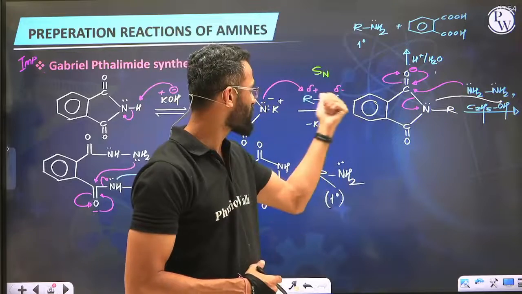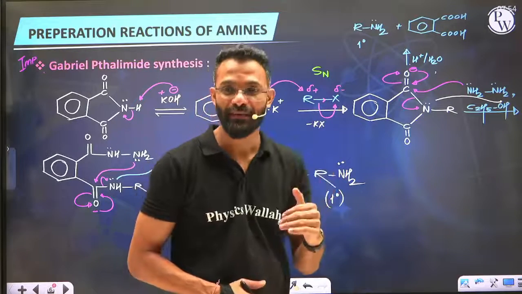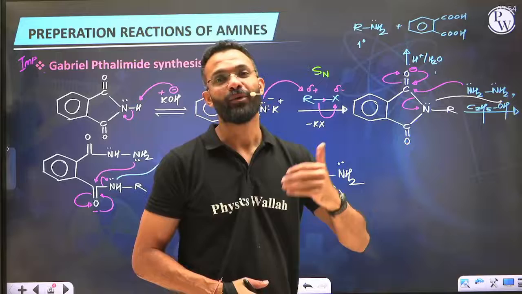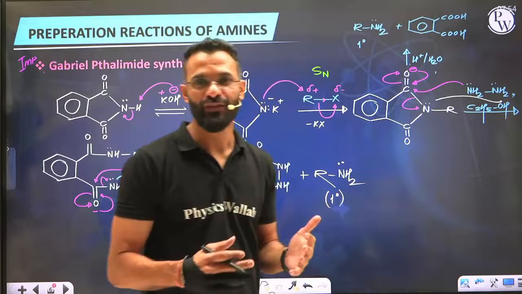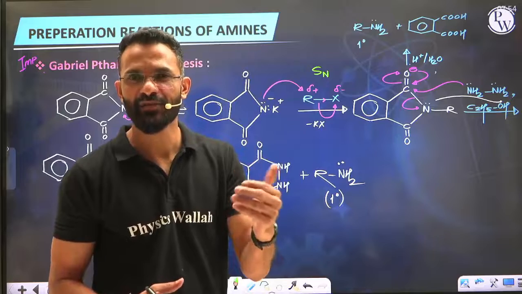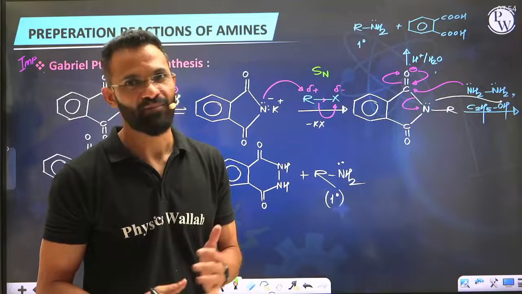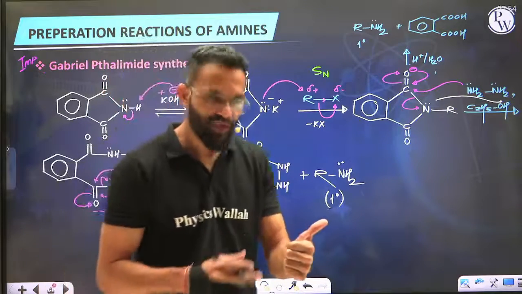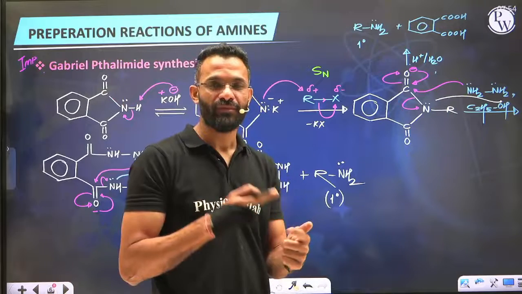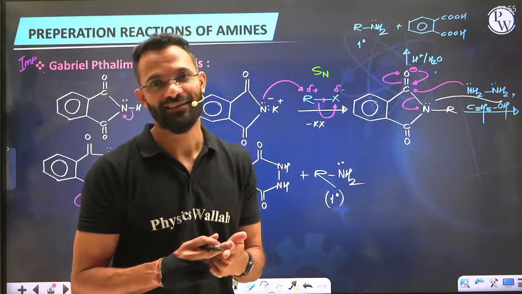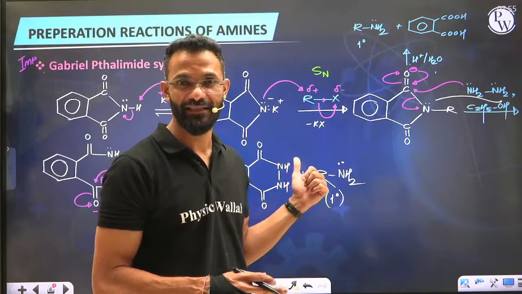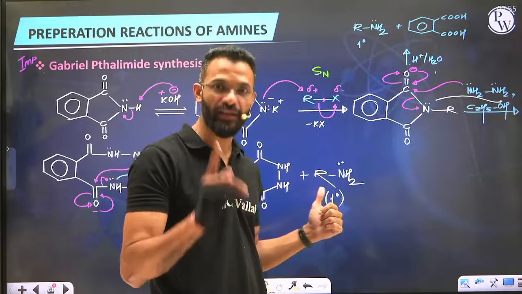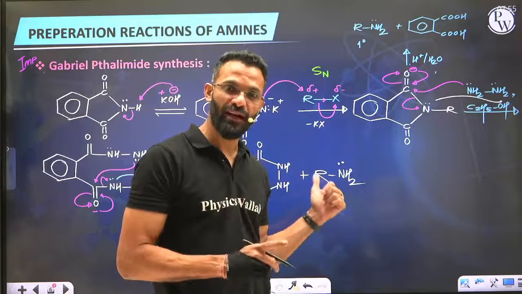So there is a formation of partial double bond character, bond length decreases, bond strength increases, hence aryl halides do not undergo nucleophilic substitution unless an EWG is attached at the ortho and para positions. Meaning, just like we cannot get secondary and tertiary amine, we cannot obtain aromatic amine using Gabriel phthalimide synthesis. So we know it has to be primary amine and it has to be alkyl amine only.